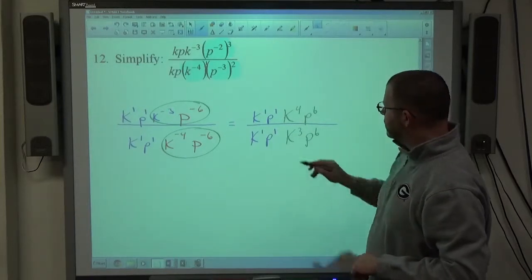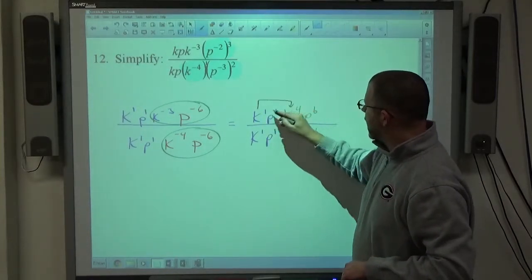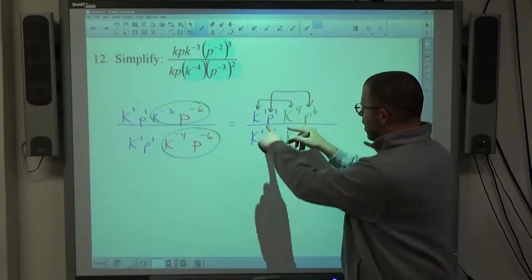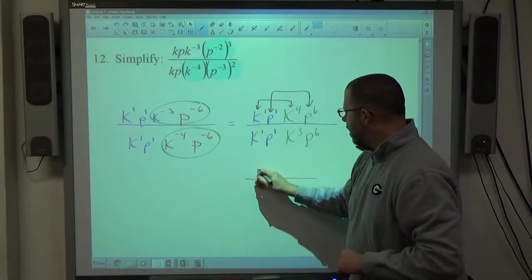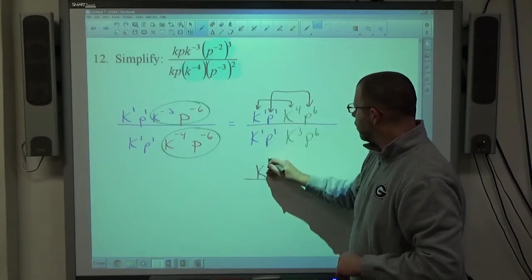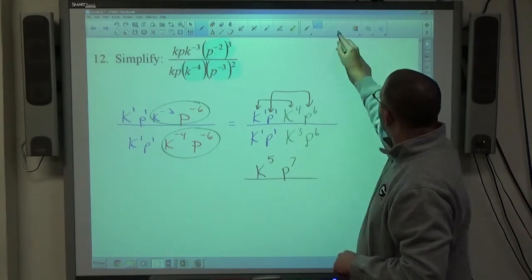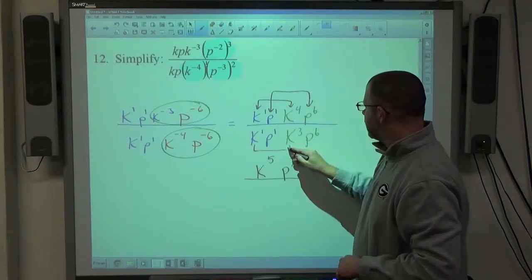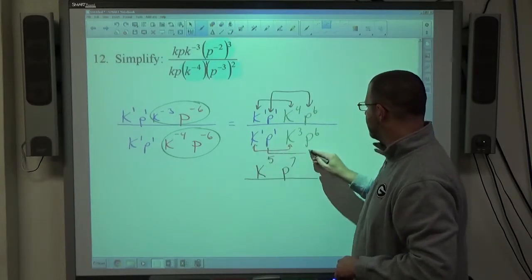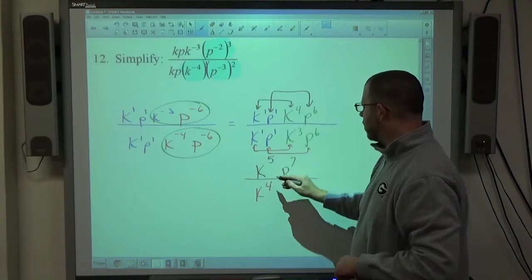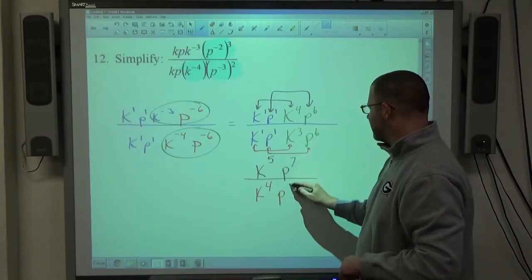Next step, I have too many k's and too many p's on top and the same deal on the bottom. So on top, I have k, 1 plus 4 is 5. I have p, 1 plus 6 is 7. On the bottom, for k, 1 plus 3 is 4. For p, 1 plus 6 is 7.